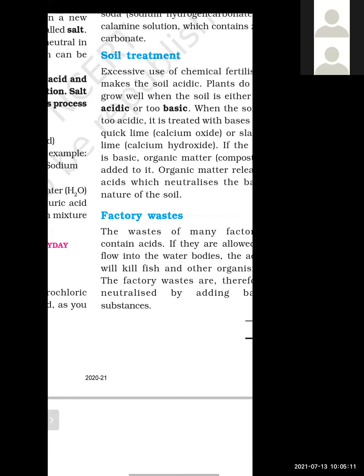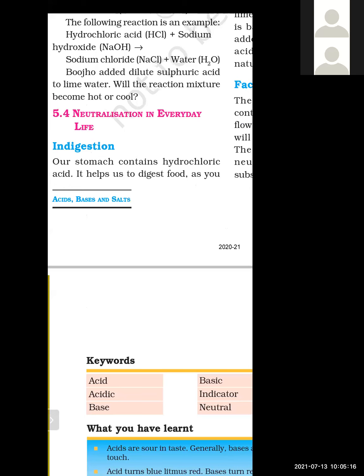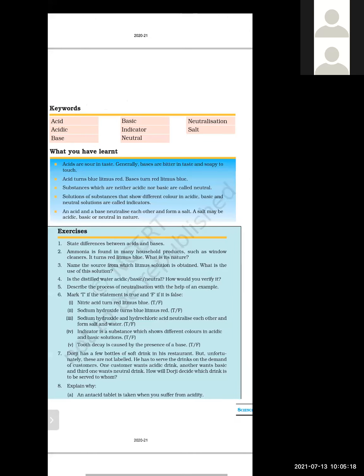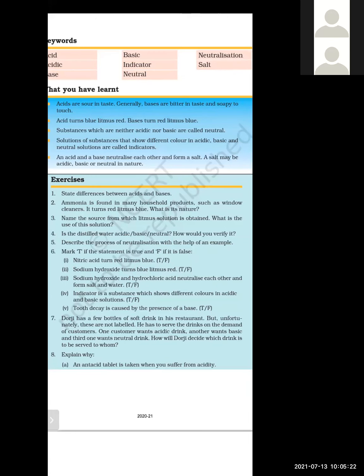Next you have to learn these keywords, and also what you have learned. Acids are sour in taste, generally bases are bitter in taste and soapy to touch. Acid turns blue litmus red, base turns red litmus blue. Substances which are neither acidic nor basic are called neutral substances. Solutions of substances that show different colors in acidic, basic and neutral solutions are called indicators.